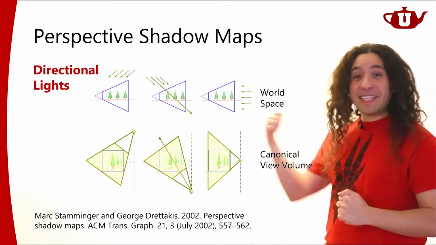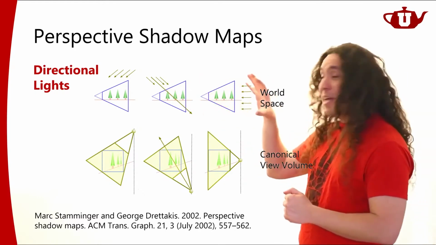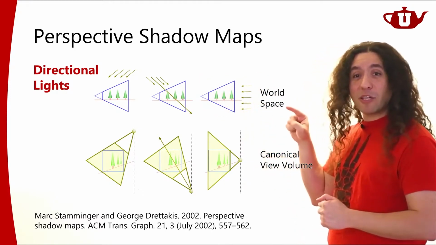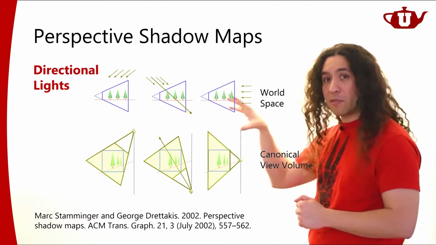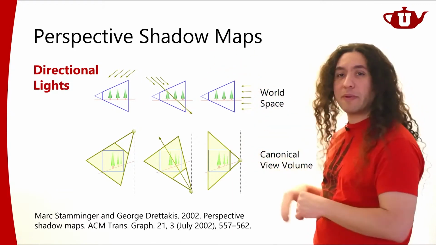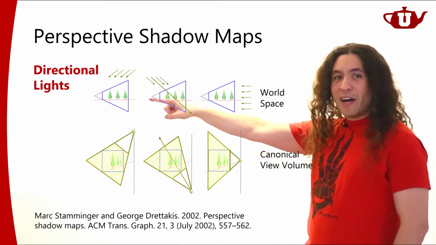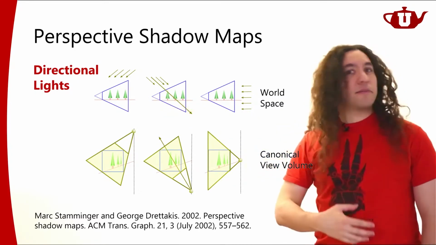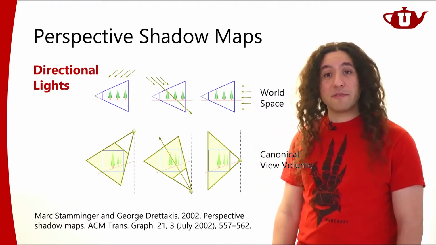So let's say that I have this directional light source. This is my world space, and this is showing the camera position. The camera is looking in one direction in the scene, and I have light coming from 3 different directions with directional light sources.